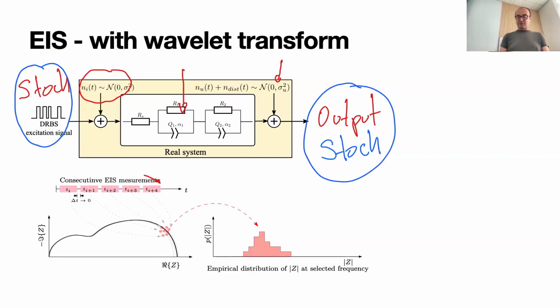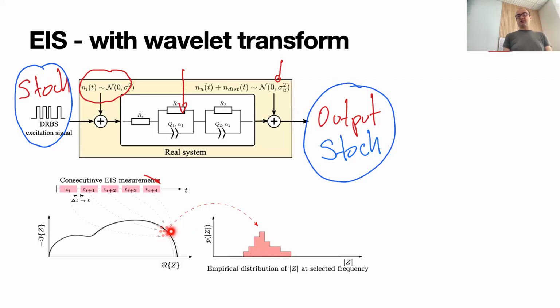So we have stochastic input and stochastic output, and based on these blue circles, we are calculating our impedance. What does this mean? It means that even if we measure impedance at several really close time points, we will never expect to get the same point over and over again, but the values for a particular frequency will just flicker around.